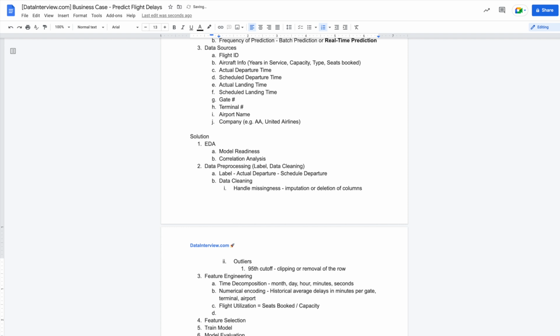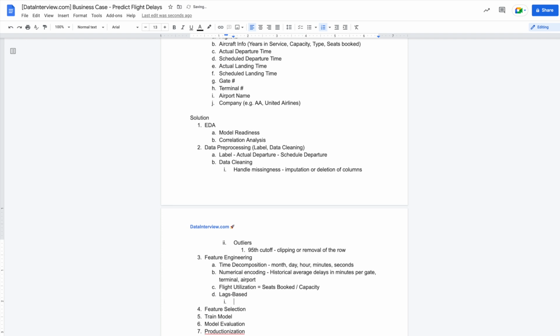And one final signal I might add is some sort of lag-based feature. So for instance, I would incorporate the scheduled landing time versus the actual landing time. So I would take the delta of the two. This is the landing time before this plane is ready to onboard passengers and depart again.